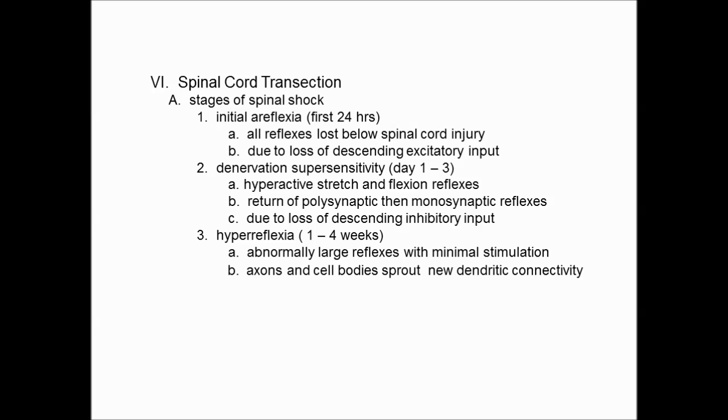There's always inhibitory traffic, but there's always excitatory traffic going down the spinal cord, so tone is maintained by a little bit of activity from both sides of the system. If you lose the excitatory output, you can't get any reflexes, and so initially you test the patient and you won't see any reflexes at all.